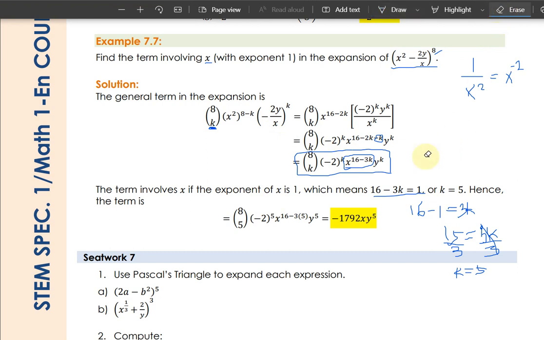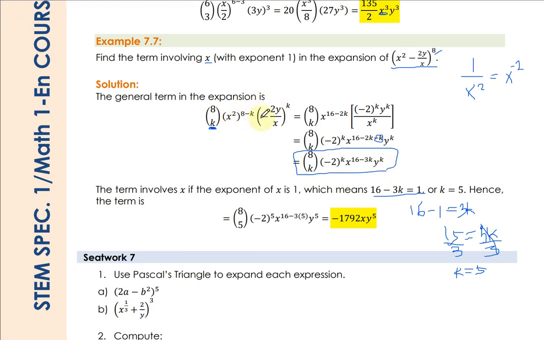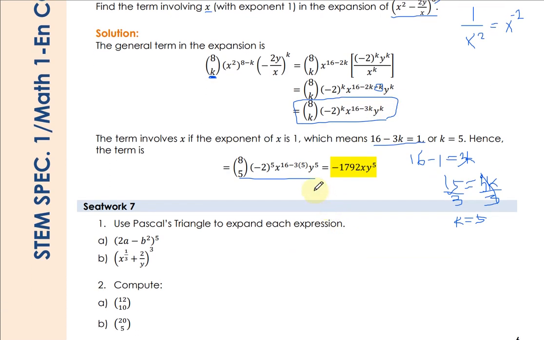Sorry. Dari na data kay simplified naman eh. Pero pwede ra pod kani mong gamitan. So for this kaning illustration, kana akong gigamit. So negative 2 to the power of 5 times x to the 16 minus 3 times 5, then y to the power of 5. So that is 16 minus 15, that is equal to 1.